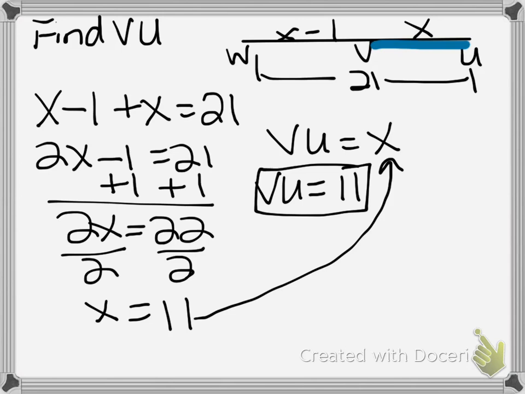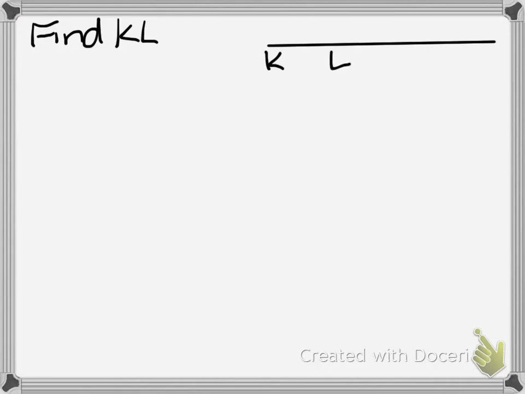All right, let's look at our second example. For our second example, we're going to find KL. And we're given our line segment, which we have K, L, and M. KL is given as 2x minus 19.